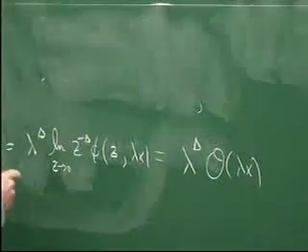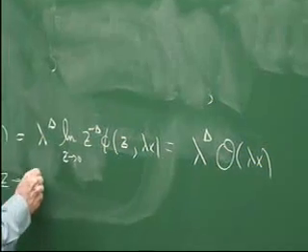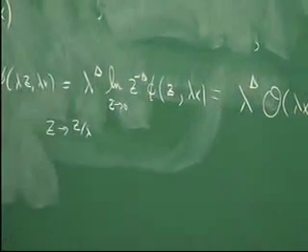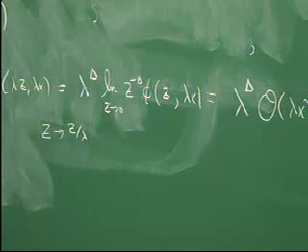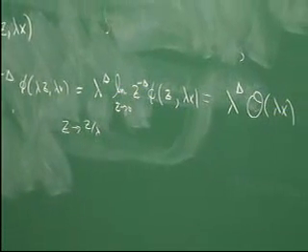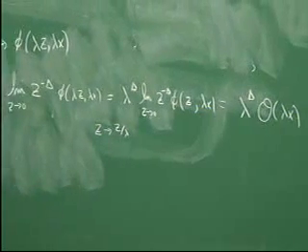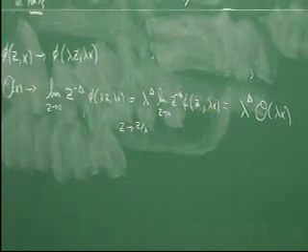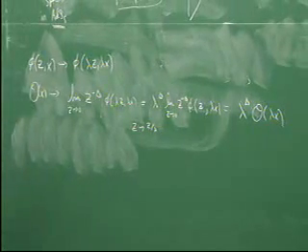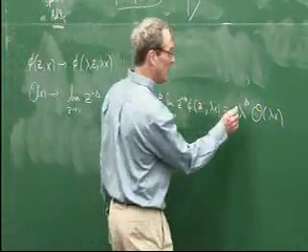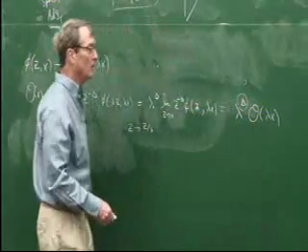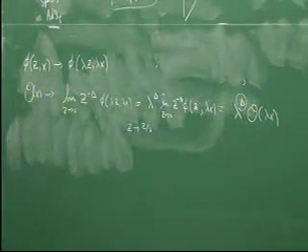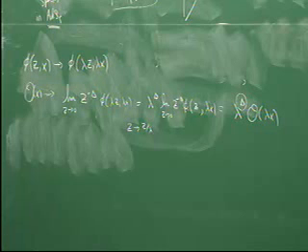So in this middle step, we've taken z to z over lambda. That's just a dummy index. And so indeed, the operators defined in this way scale as they should under scale transformations. In particular, the exponent that we got from the limiting behavior of the Klein-Gordon equation really is the dimension of the corresponding operator.